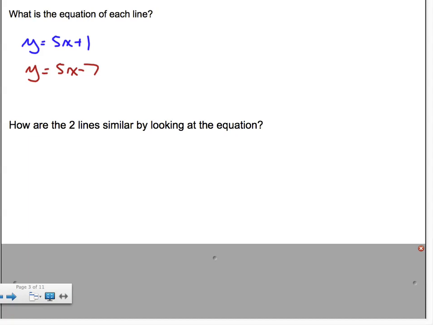Veronica? Yeah, here we see that the slopes of both lines are the same.